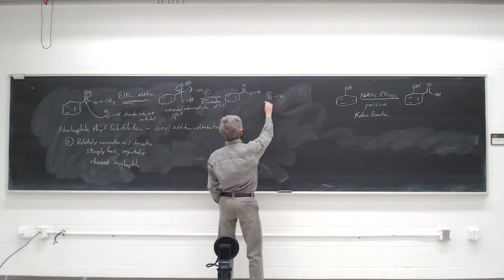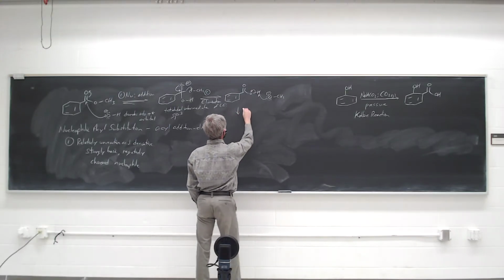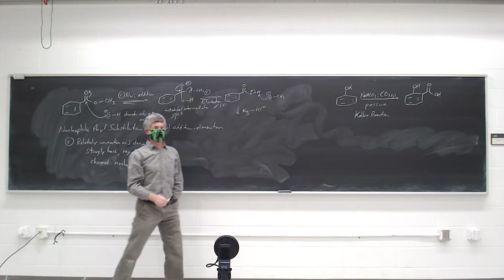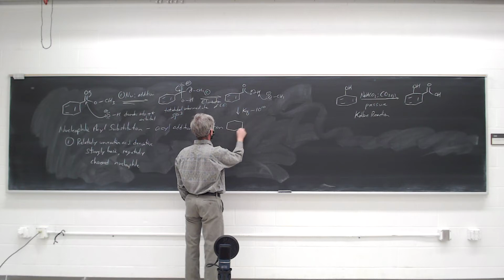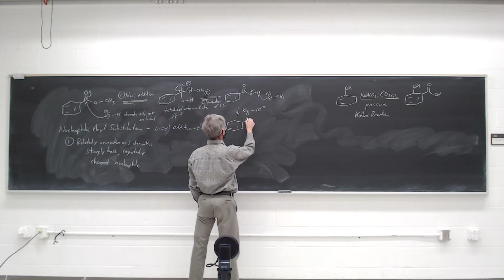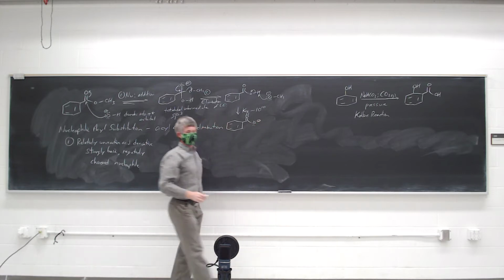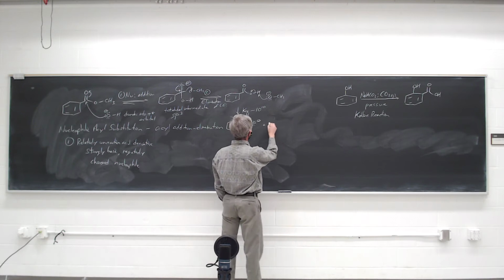The reaction is driven forward by an effectively irreversible proton transfer step that has an equilibrium constant of about 10 to the 10th, because the carboxylic acid proton is much more acidic than the alcohol proton.